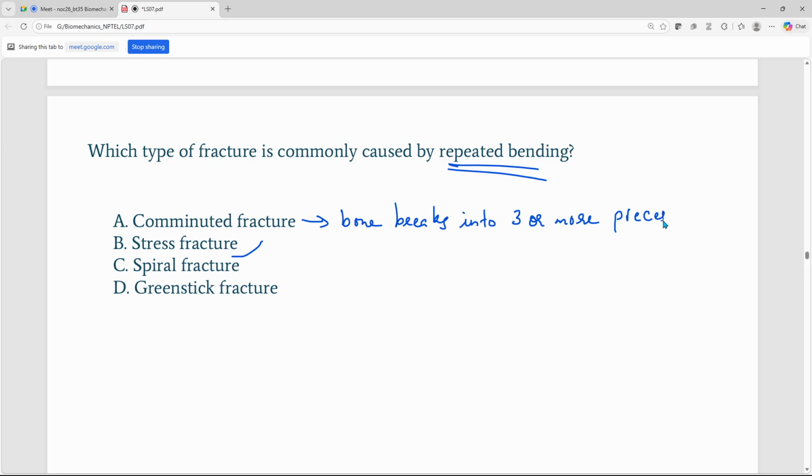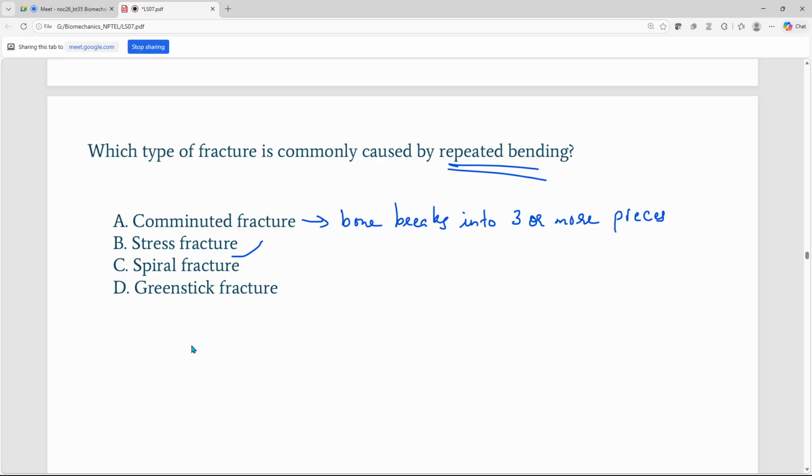A stress fracture happens due to repetitive stress loading, sorry, repetitive bending.